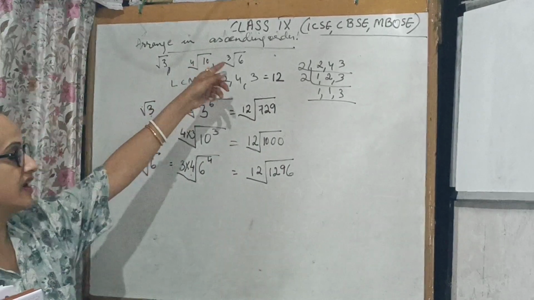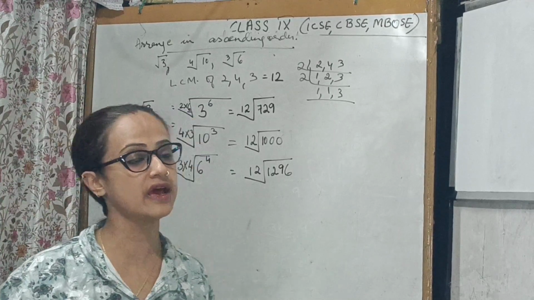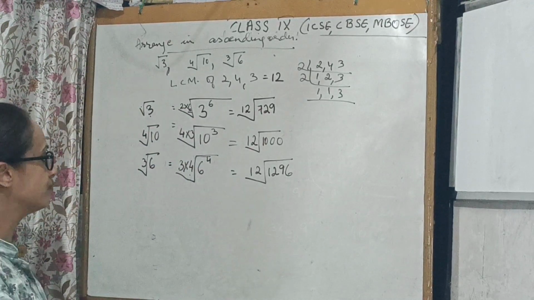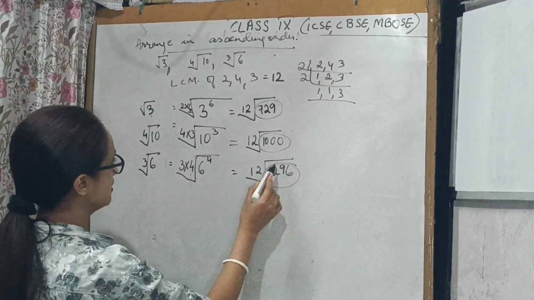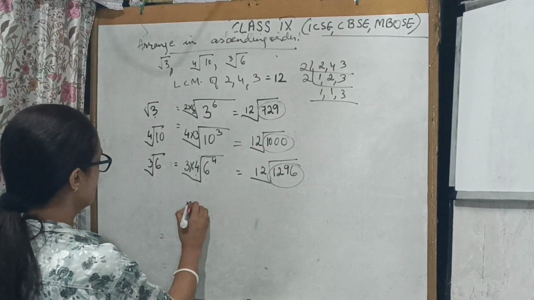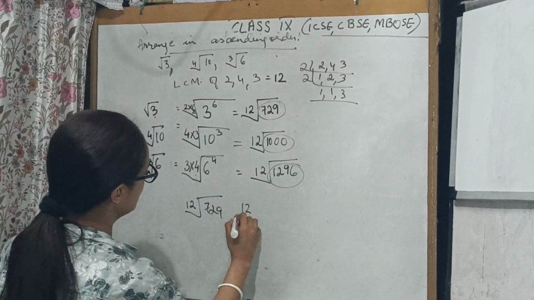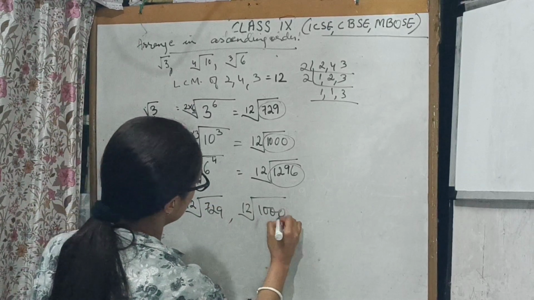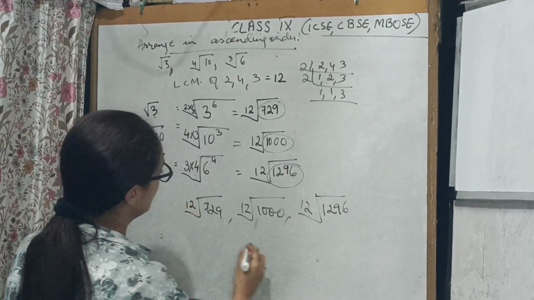They asked you to arrange in ascending order. Ascending means from small to big. So you will focus on these numbers here. The smallest one is 12th root of 729, 12th root of 1000, 12th root of 1296.